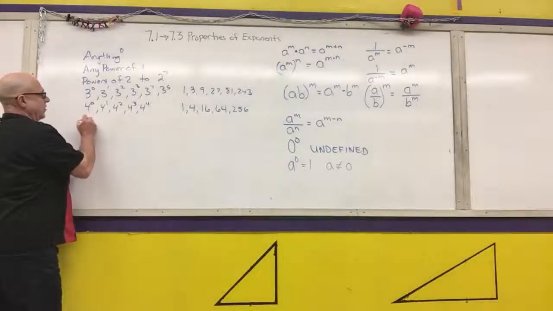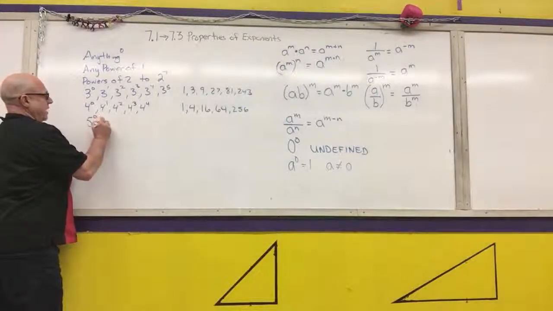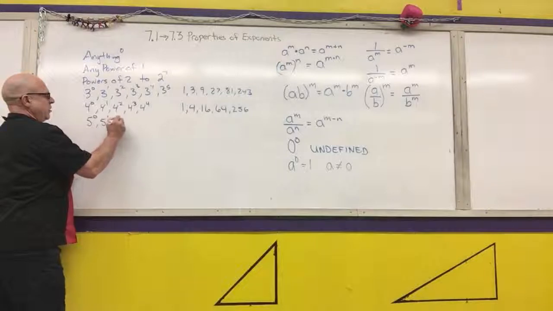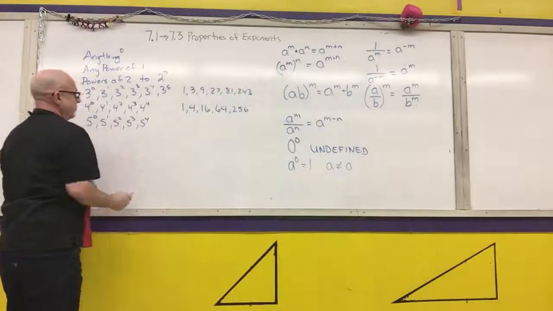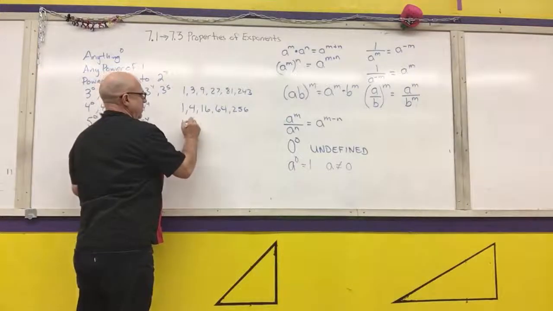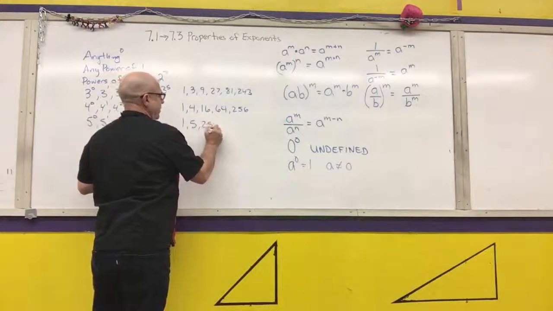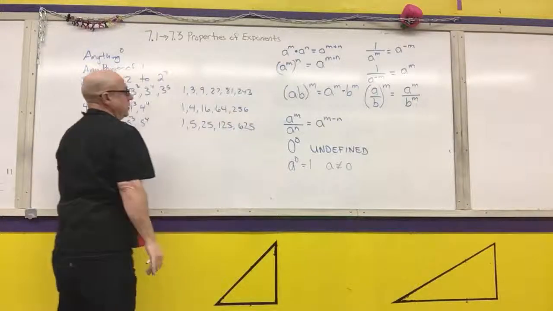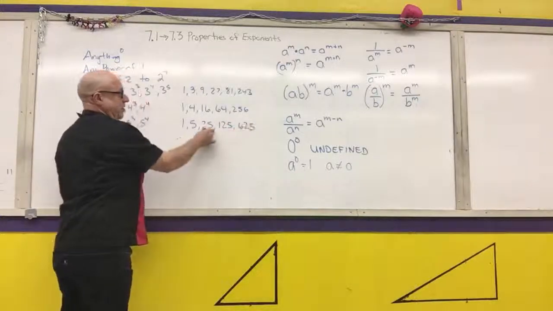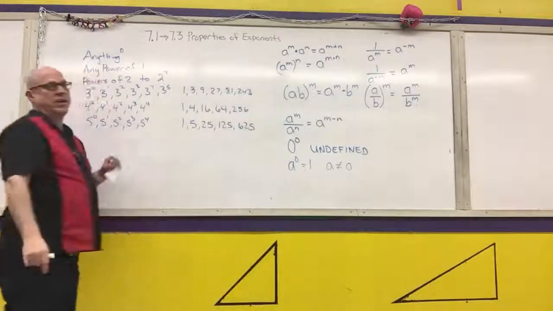Powers of 5: 5 to the 0th, 5 to the 1st, 5 squared, 5 cubed, and 5 to the 4th, which are 1, 5, 25, 125, and 625. 625 is 25 squared, and that's going to be one of our memorized perfect squares.